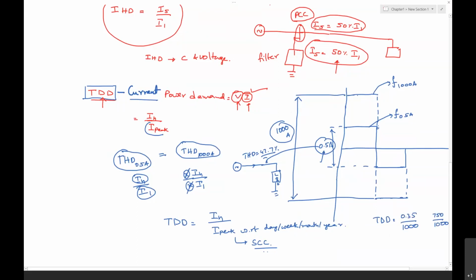This is the TDD for the signal of 0.5 amperes peak to peak, and this is the TDD for the signal of 1000 amperes peak to peak. When you compare these values, this total demand distortion is very high, and the one for the 0.5 ampere signal is not so considerable.